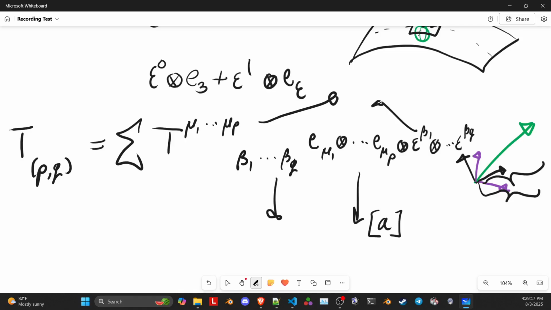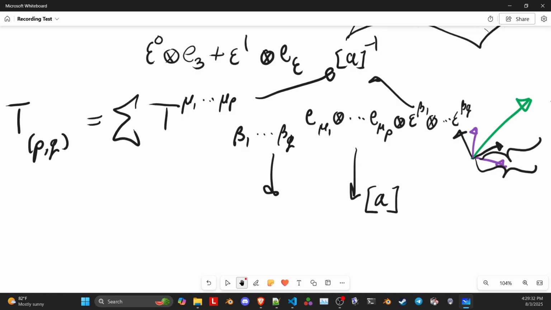And the upper index pieces transform by A inverse, except the indices of A, in this case, because we have a product of geometrical objects, all have to be independent. So there'll be many copies of the matrix A appearing in the transformation law.